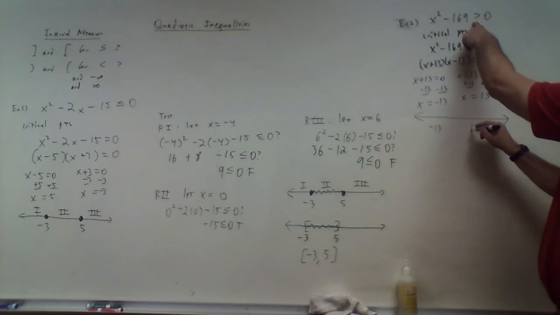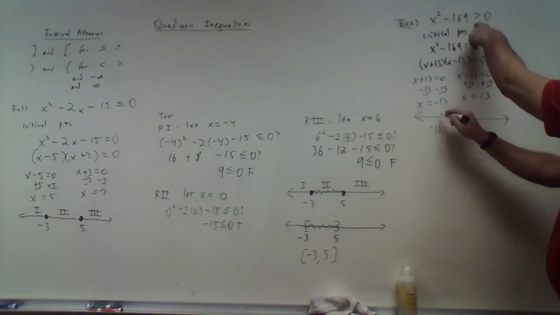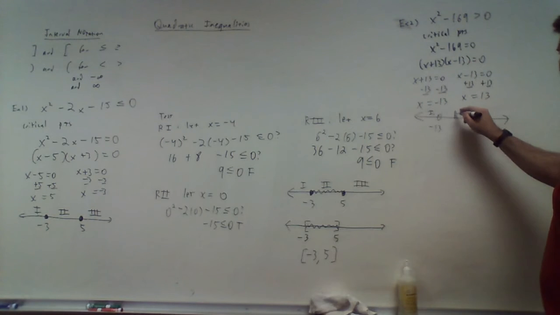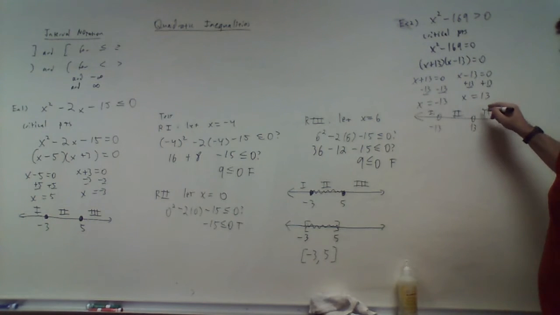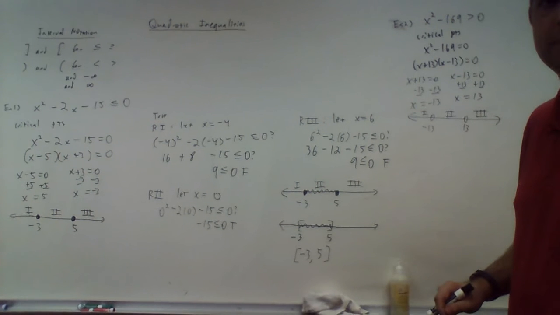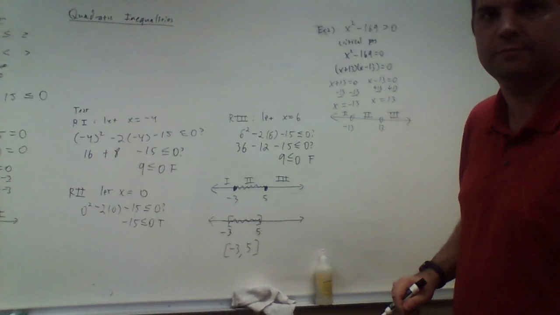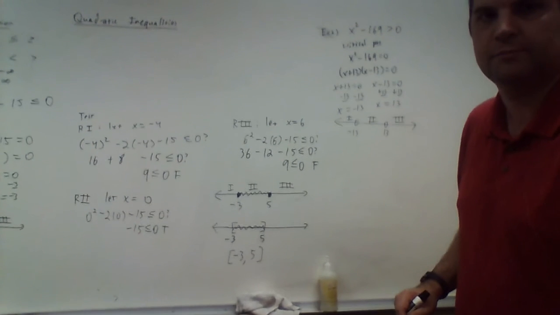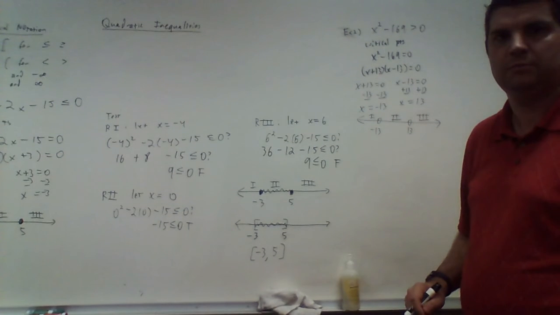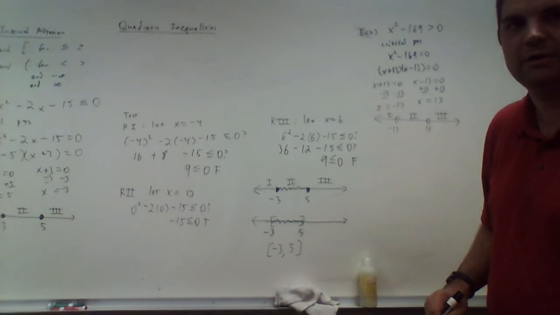Negative 13, 13, open dot, open dot. Region 1, region 2, region 3. So I'm going to see if I can't move the table to keep everything on there.